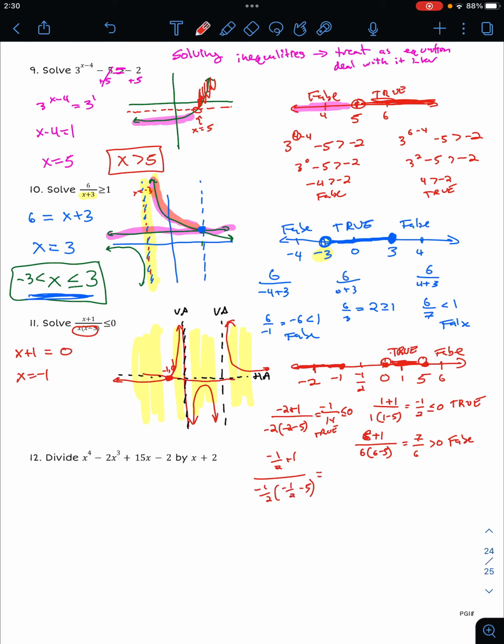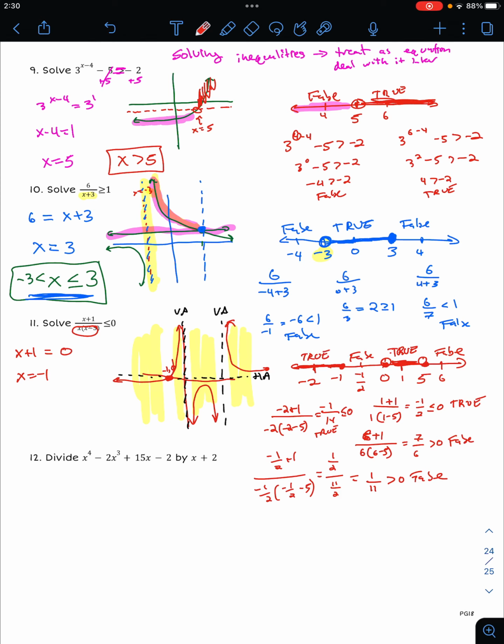The numerator is positive 1/2. The denominator is a negative times a negative: negative 1/2 minus 10/2 is negative 11/2, times negative 1/2 is positive 11/2. Positive over positive, 1/2 divided by 11/2 is, no, it's 1 over 11, which is greater than 0, which is false.